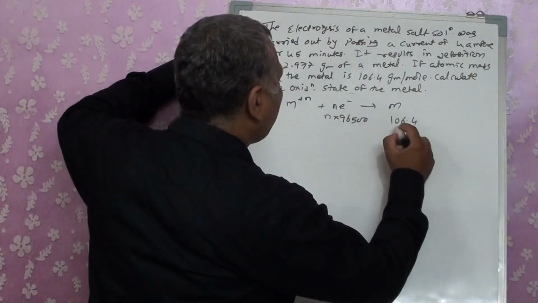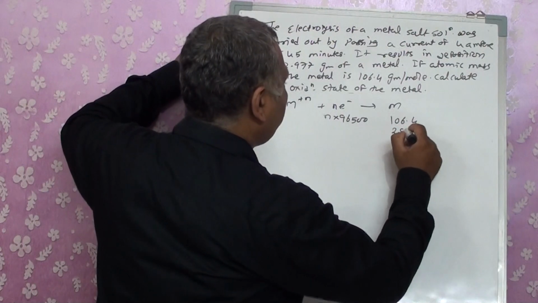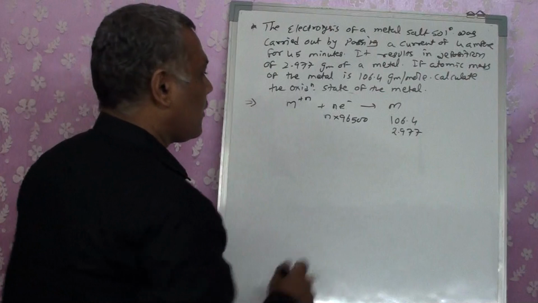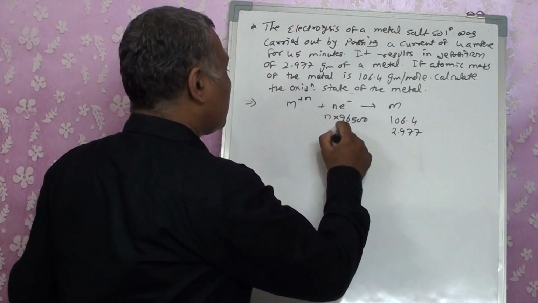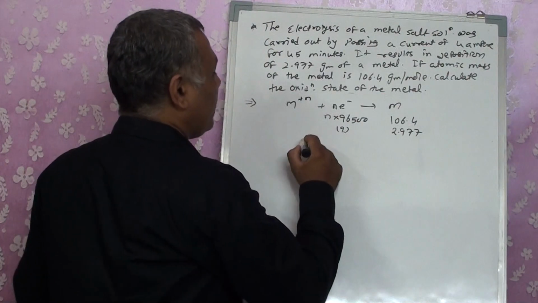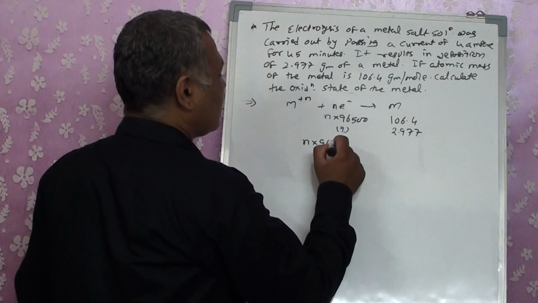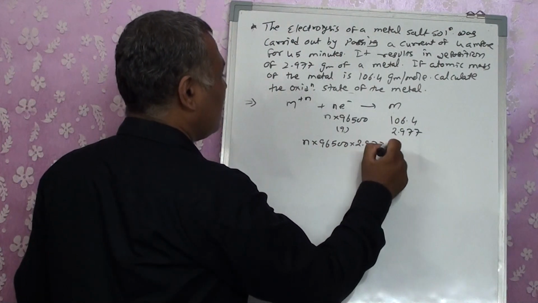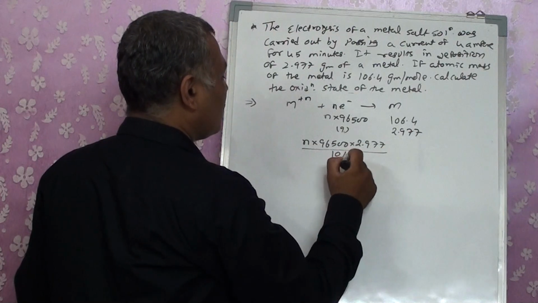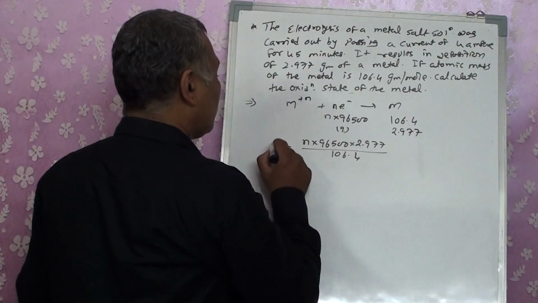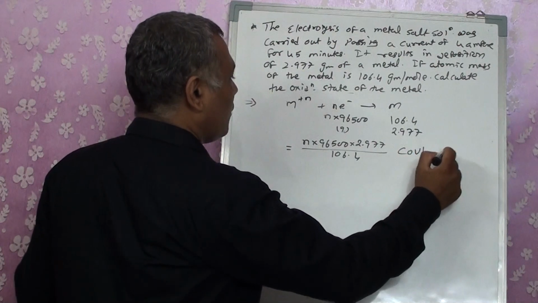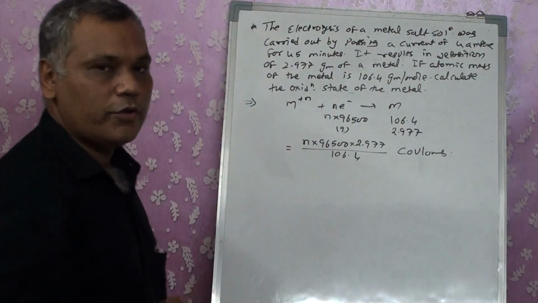But it's already told to me that the metal deposited is 2.977 grams. So what is this charge? We will get it as n into 96500 into 2.977 divided by 106.4. This one will be the total coulomb that is being used.